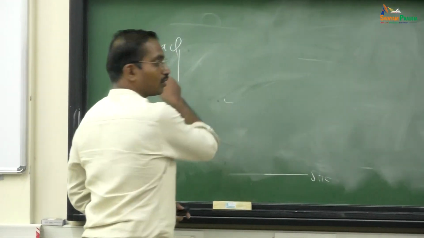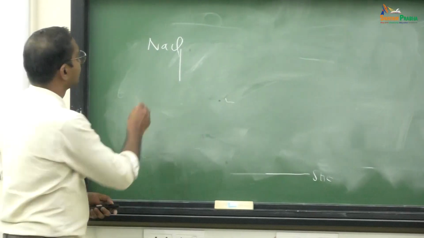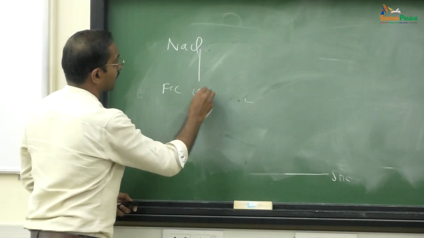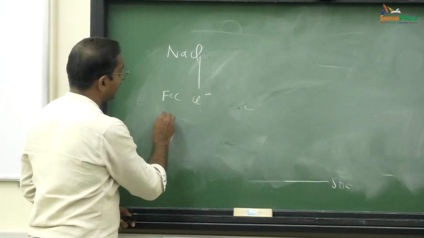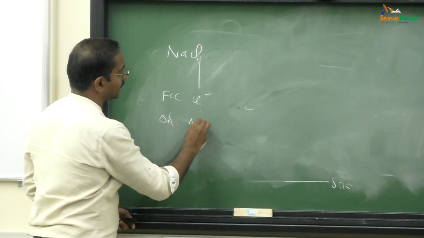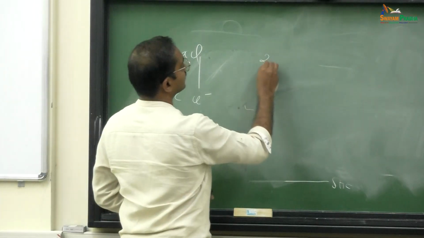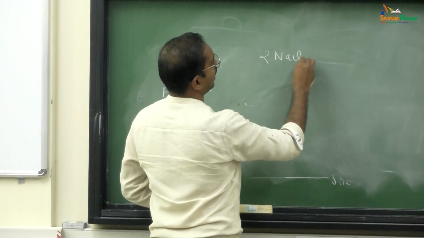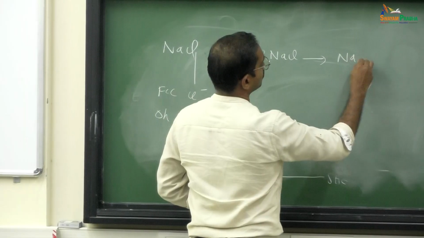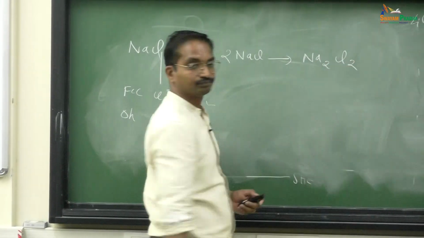So now let us take sodium chloride, which is nothing but the FCC lattice of chloride ions, with octahedral voids filled with Na plus ions. Now, let us write 2 NaCl as Na2Cl2.